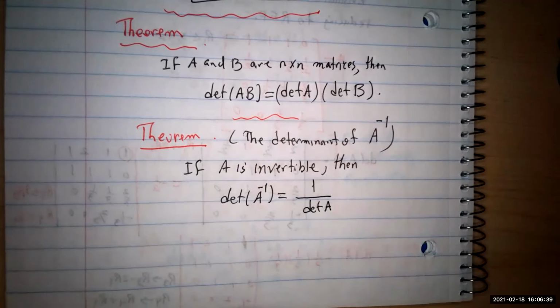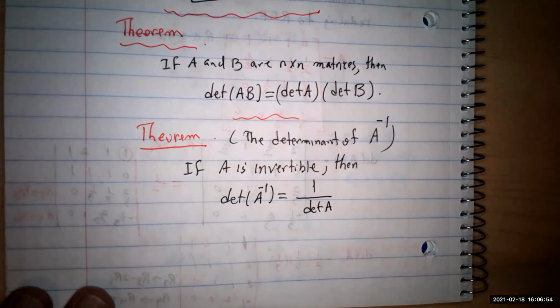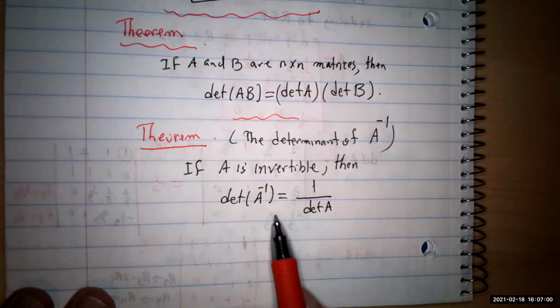That's it. It's very natural to say that the determinant of A inverse is the inverse of the determinant, but they are numbers. The difficulty is that this is true if the determinant of A is not equal to 0.